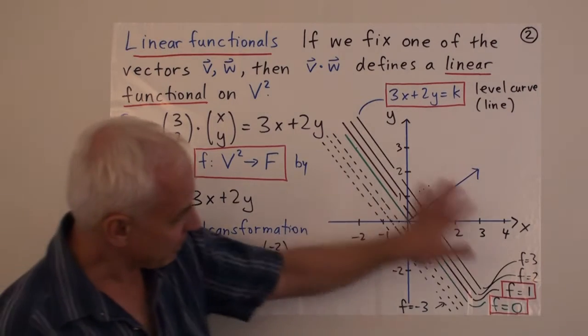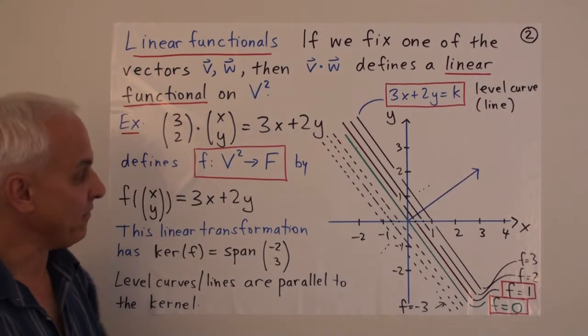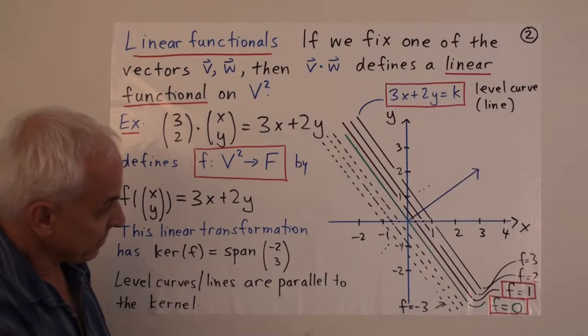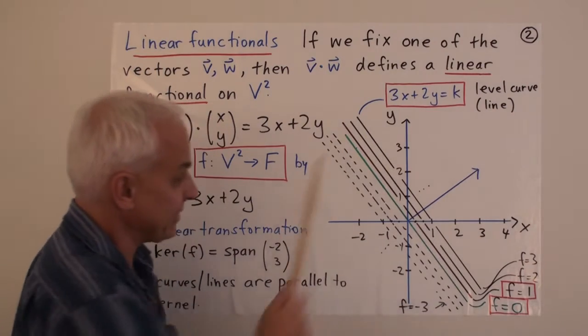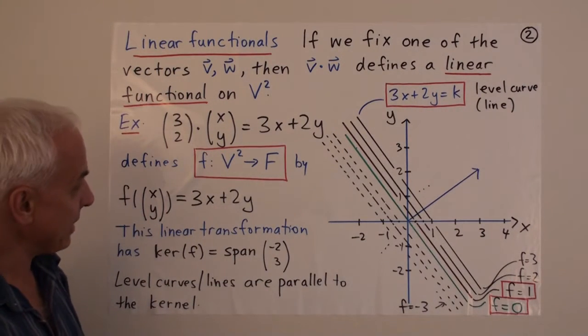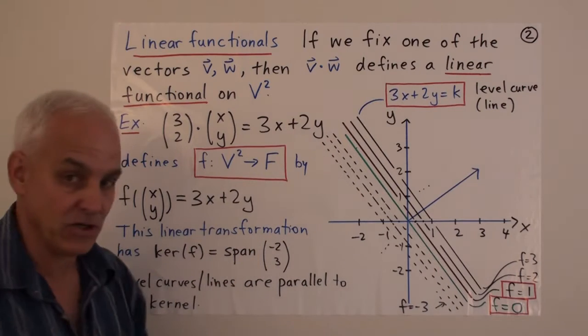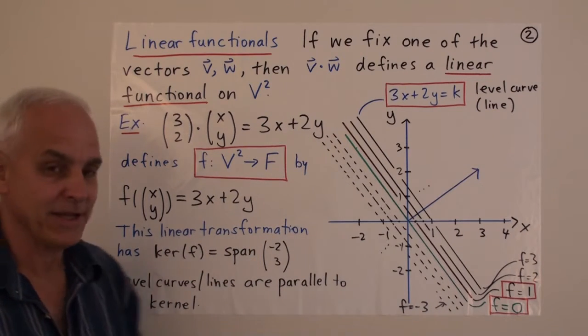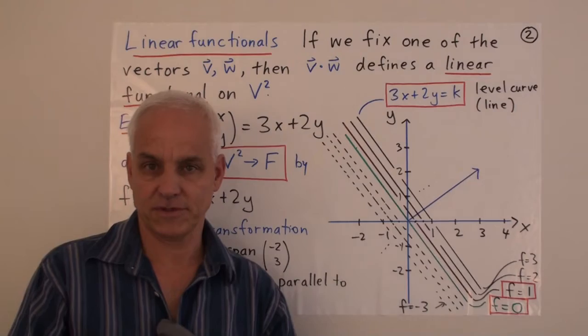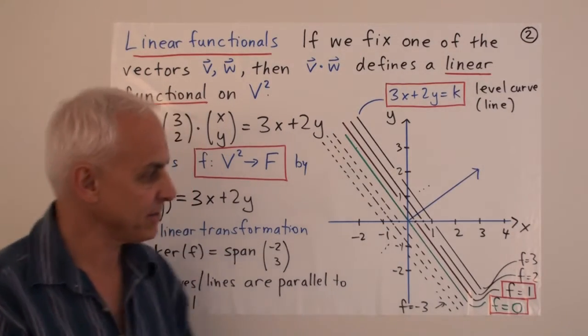Let's see how we can imagine that particular kind of function. Here's the plane, xy axes as usual. Now I can represent this function by describing its level curves, which turn out to be level lines.